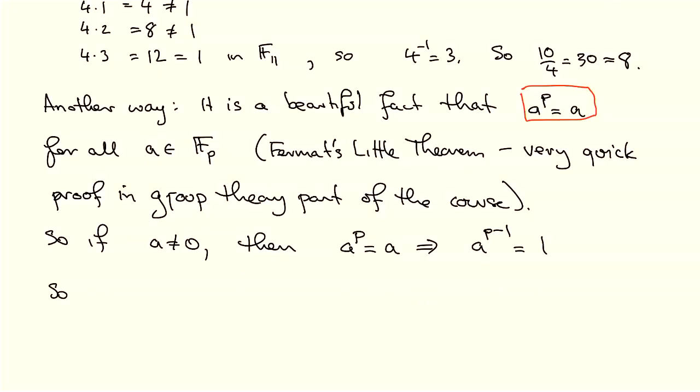We're using not a field axiom where we cancelled away an a, but that's okay, because we proved at some point that if a times b equals a times c, then you can cancel away the a's if a is non-zero in a field. That was one of our little lemmas about working with fields. All right, so that says that a times a to the p minus 2 equals 1, and so we have the inverse.